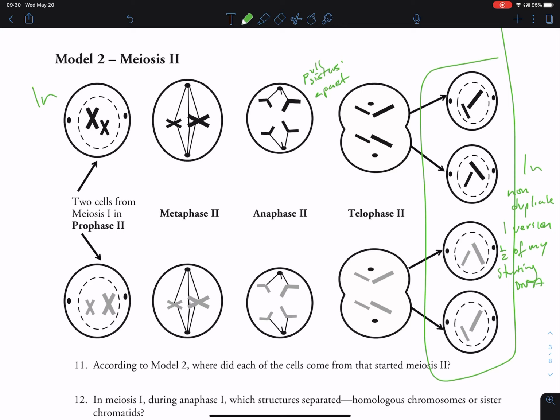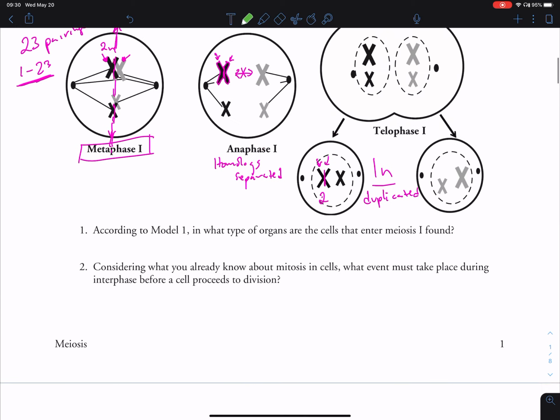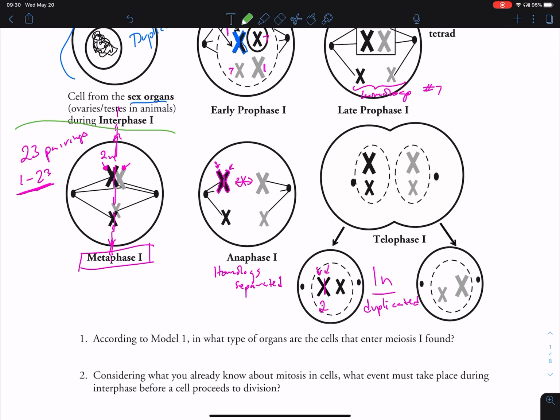It could be random, and this also could have broken apart in a different way. You could have gotten this chromosome with this chromosome and vice versa, and that's all part of the randomness, how they all decide to align. That alignment takes place right here. So metaphase 1 is really when the determination of all the different variation occurs, because that's when the homologs line up.